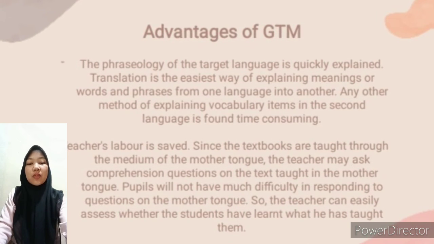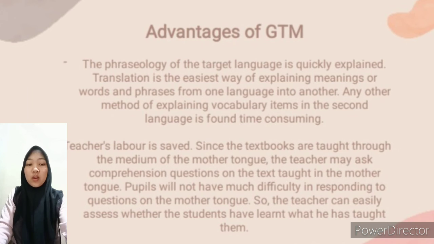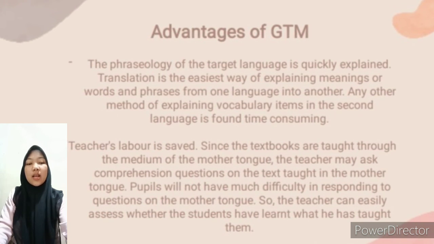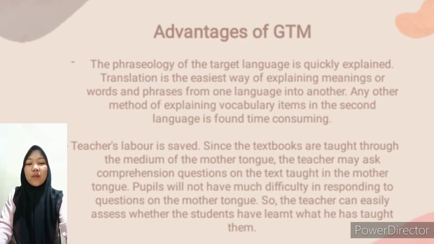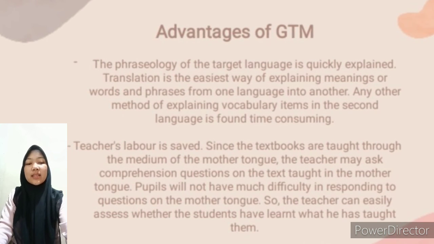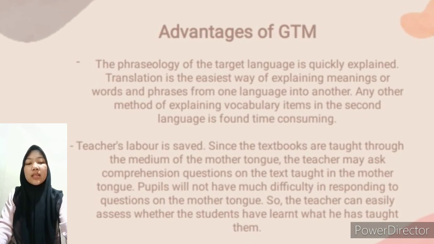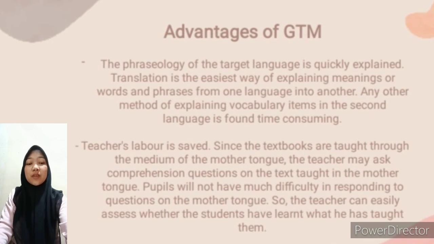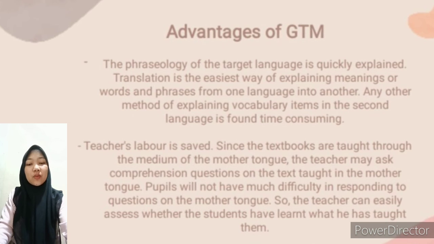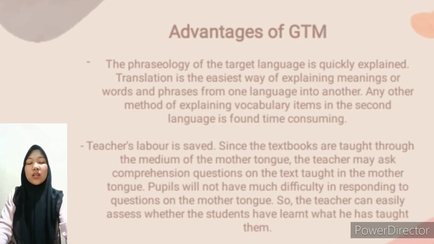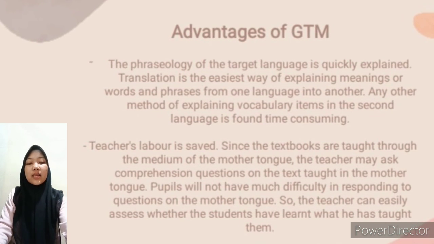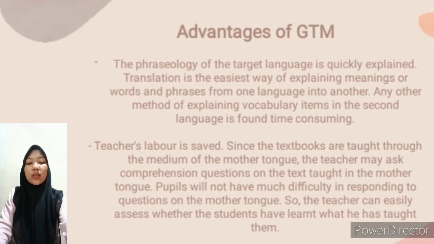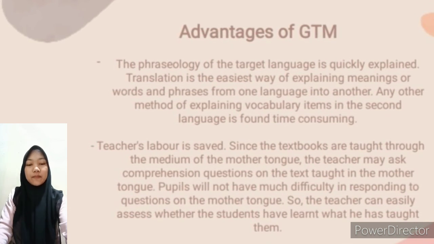Teachers' labor is saved since the textbooks are taught through the medium of the mother tongue. The teachers may ask comprehension questions on the text taught in the mother tongue. Pupils will not have much difficulty in responding to questions in the mother tongue, so the teachers can easily assess whether the students have learned what has been taught to them.